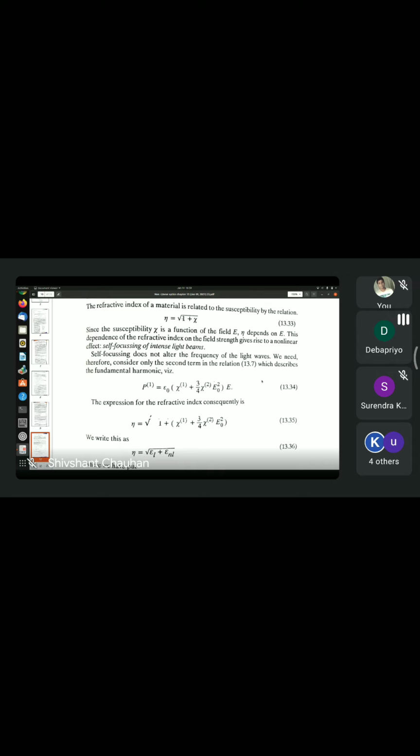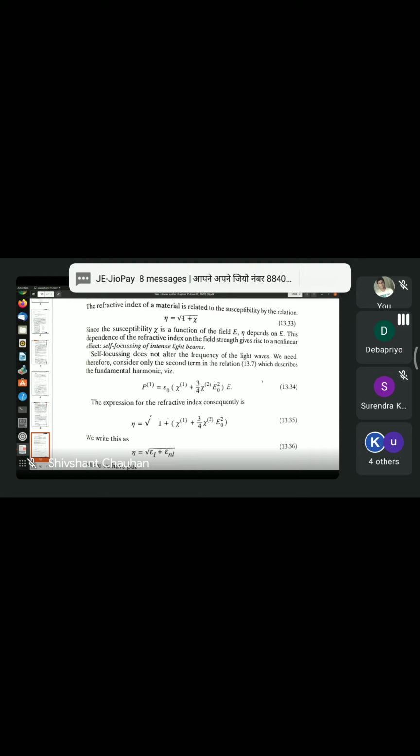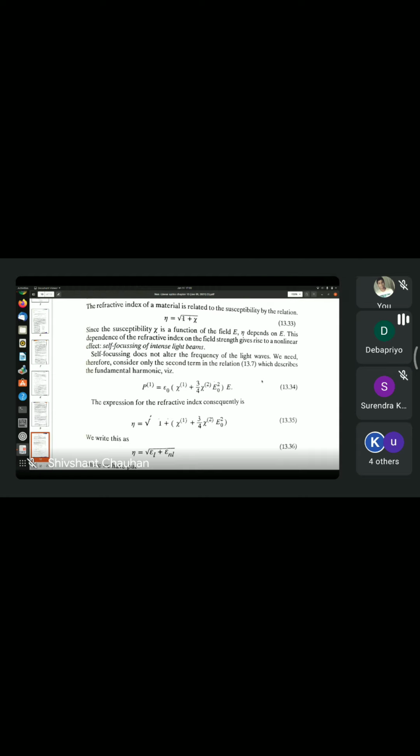So from this chi3 E cube, you have a term which is proportional to cos omega t, and together with the term that you get from chi1 E, you have this expression for P1. P1 means the component of the polarization vector that goes as cos omega t. So the component that goes as cos omega t is like this: chi1 plus 3 by 4 chi3.